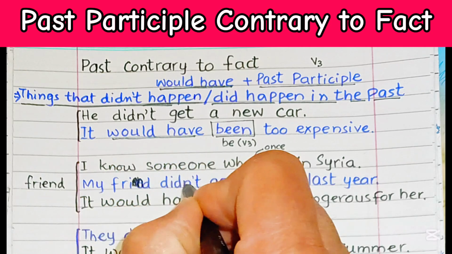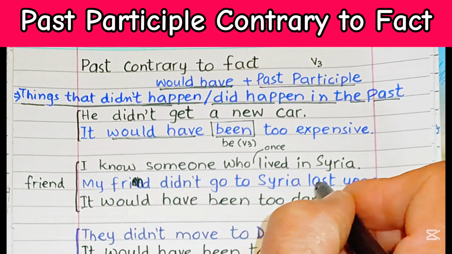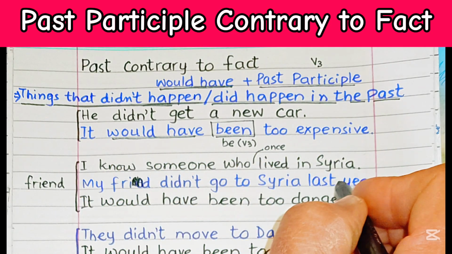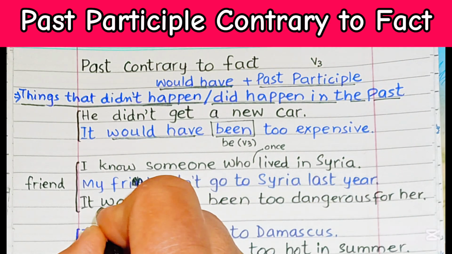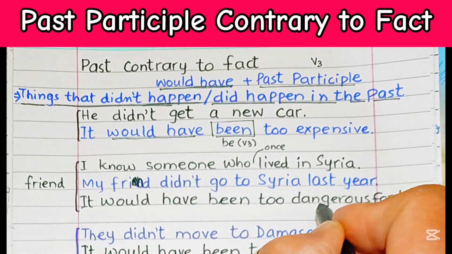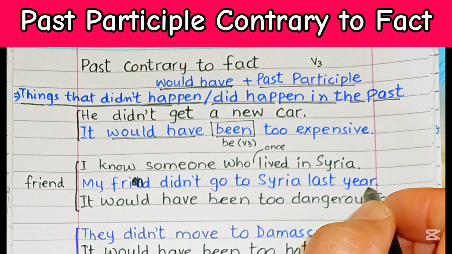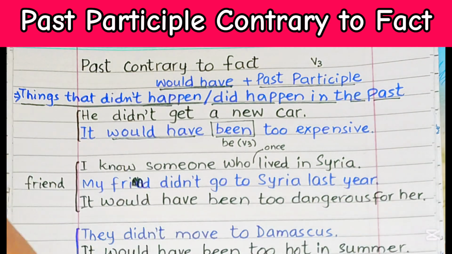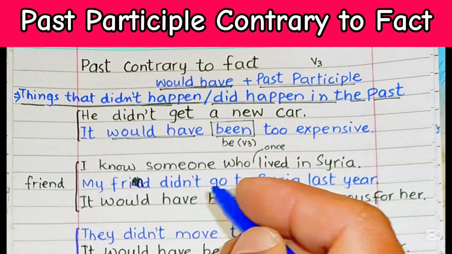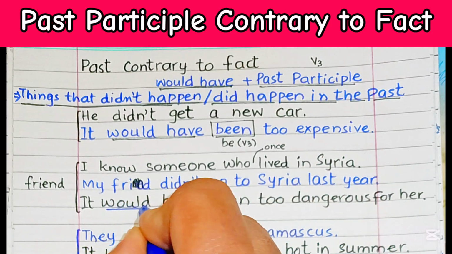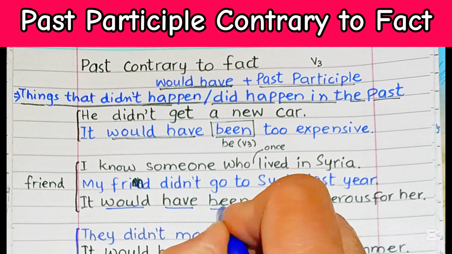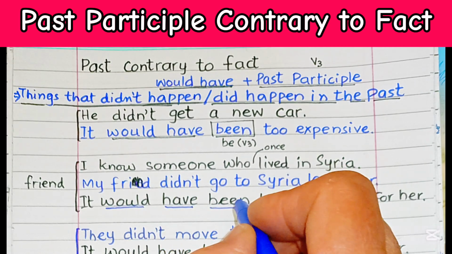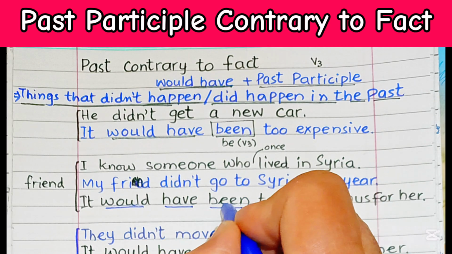So my friend didn't go to Syria last year. And what was the reason? Here is the reason: it would have been too dangerous for her. Would over here is followed by have, and then the past participle form of the verb be is there, that is been.